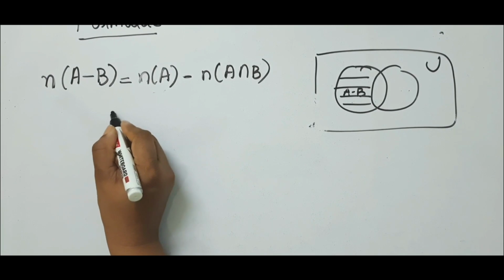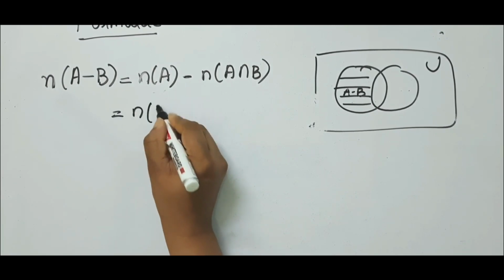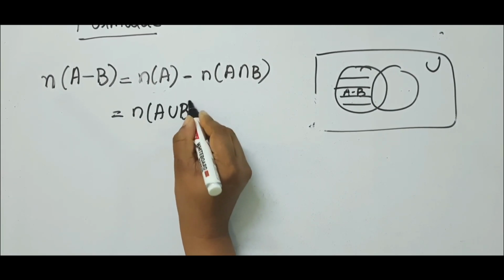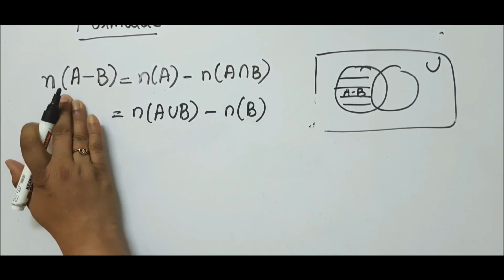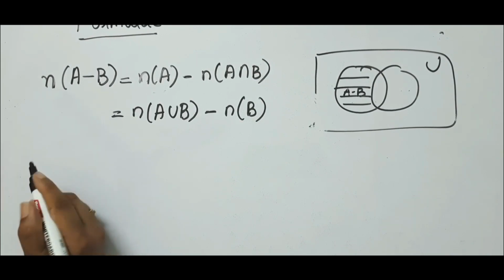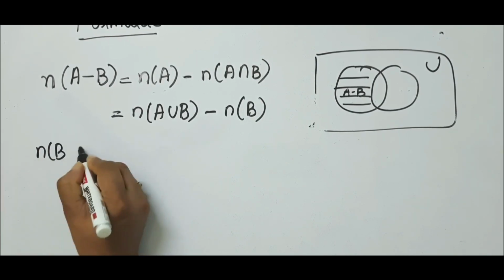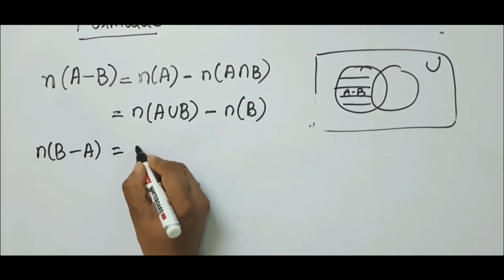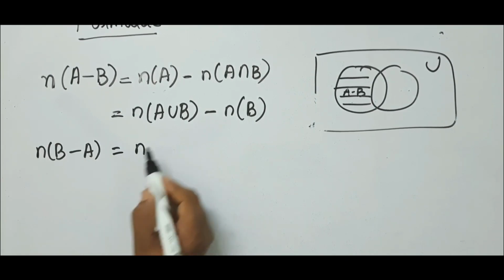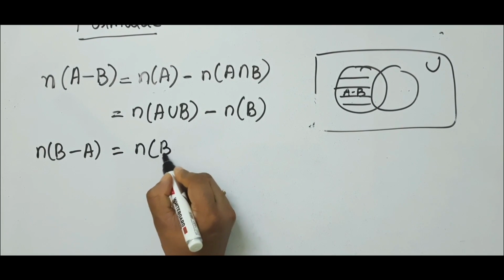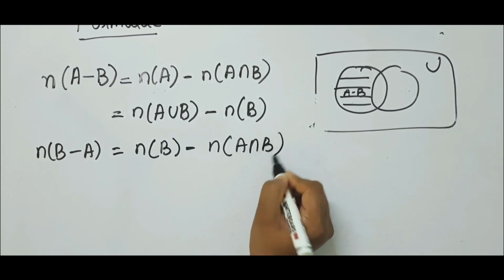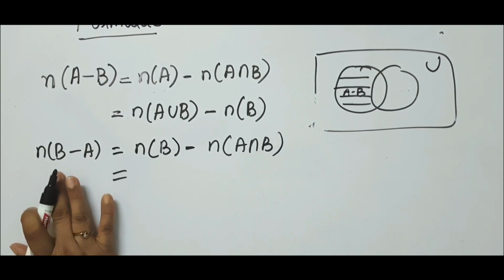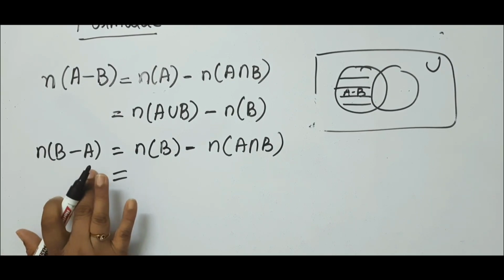If not, you can write it as the number of elements of A union B minus the number of elements of B, as we need the elements of set A. Okay, if you want the number of elements of B minus A, as this first set is B, it is the number of elements of B minus the number of elements of A intersection B. As we are calculating the elements of set B, that means we are calculating B minus A. Is it not?